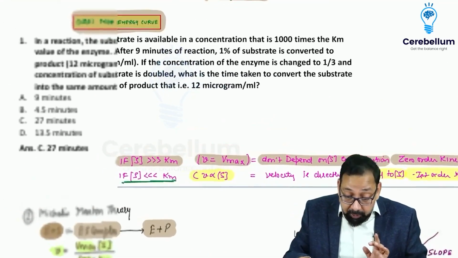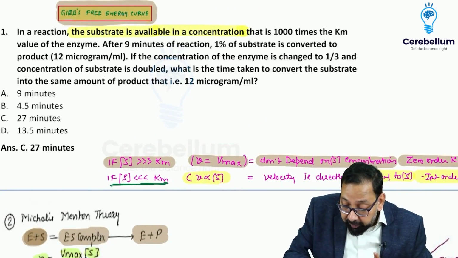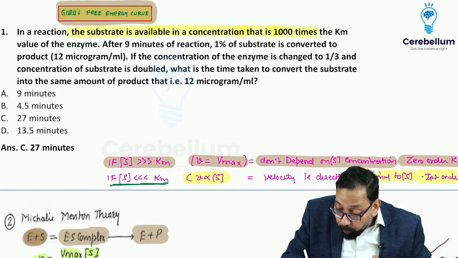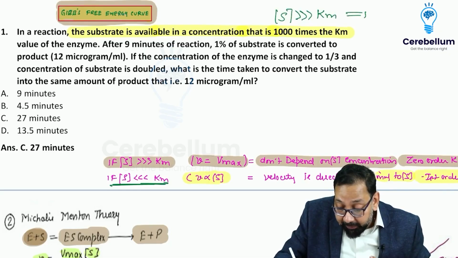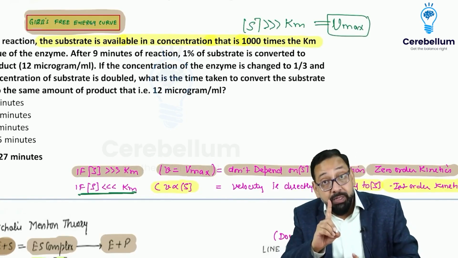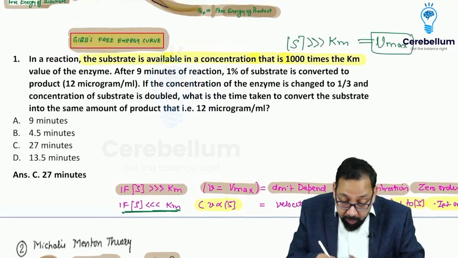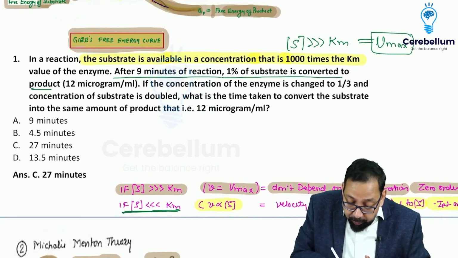Now a question is asked: in a reaction, substrate is available at a concentration that is 1000 times Km. So substrate concentration is very, very large in comparison to Km. At this substrate concentration, velocity would be Vmax, constant, zero order kinetics. After 9 minutes of reaction, 1% of substrate is converted to product.